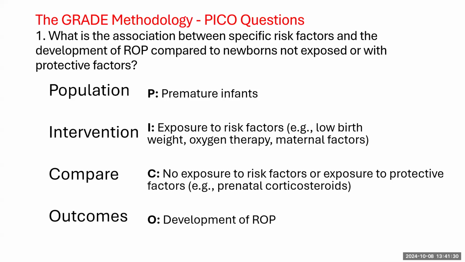You have to have the intervention, which is the exposure or the no exposure or the protective factors, either way. And then compare those with the risk factor exposure with those with no exposure. So the comparison is extremely important in developing PICO questions. And then, of course, the outcomes. The outcomes can be different kinds of outcomes. In this question specifically, the development of ROP is the outcome that we are going to measure.